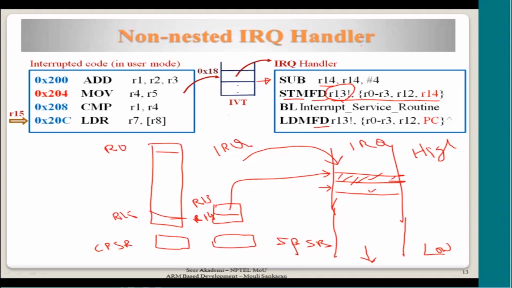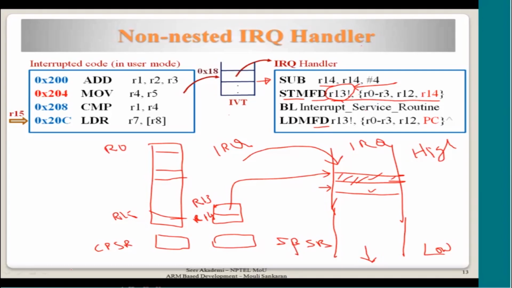But because it is in IRQ mode, you better use R13, because you have only 2 registers in the bank register, so you cannot have some other register as a stack pointer, because you don't have a bank register for it. So it is always better to use R13 only as a stack pointer. So now R13 is used.